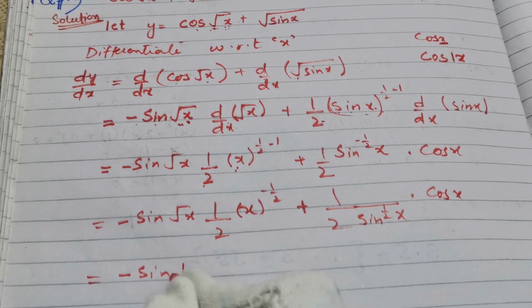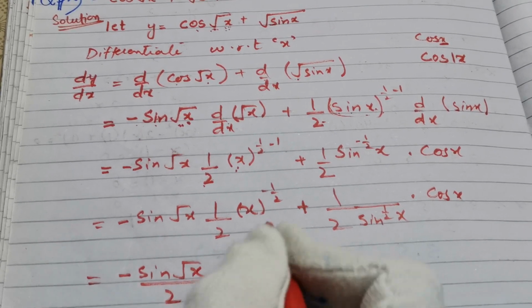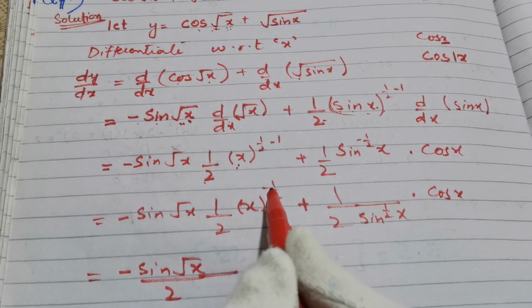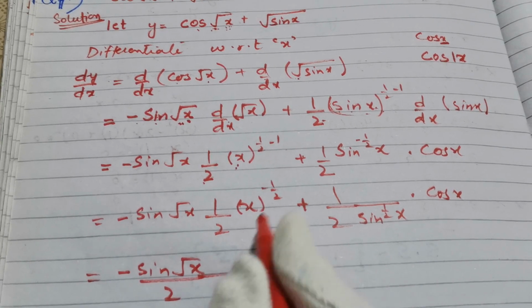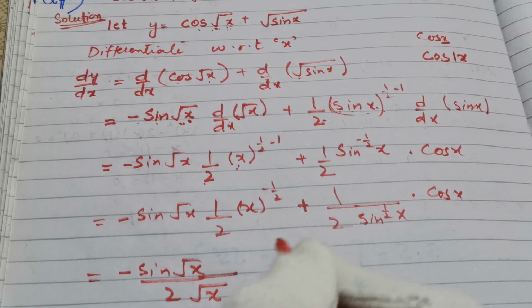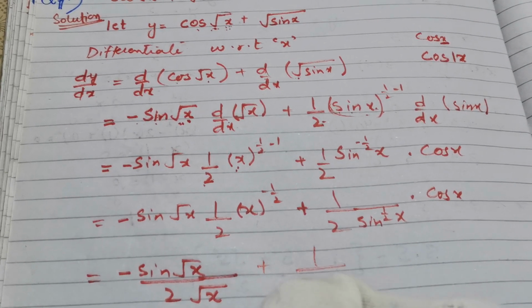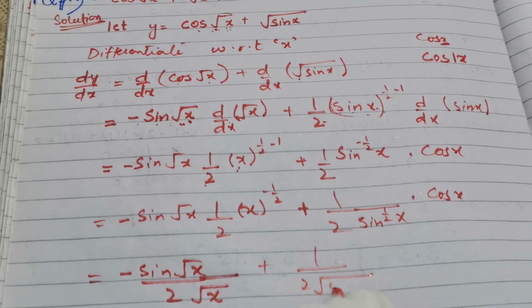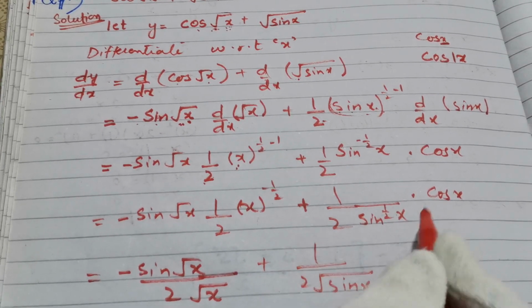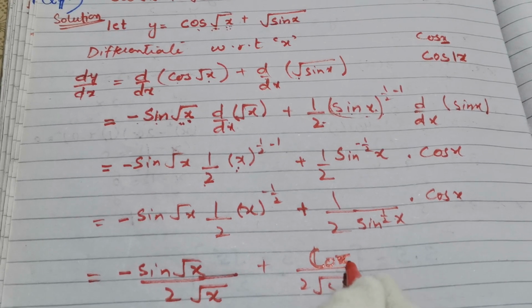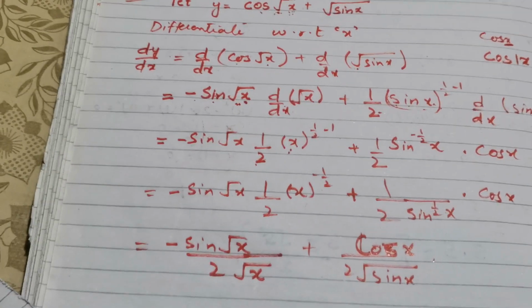Now minus sine under root x by 2, when we take in the numerator, this is in the numerator. When taken the denominator, minus 1 by 2 becomes positive 1 by 2, and positive 1 by 2 becomes under root. Plus 1 by 2, positive 1 by 2 I will write in the form of sine x. Now this 1 multiply cos x becomes cos x.